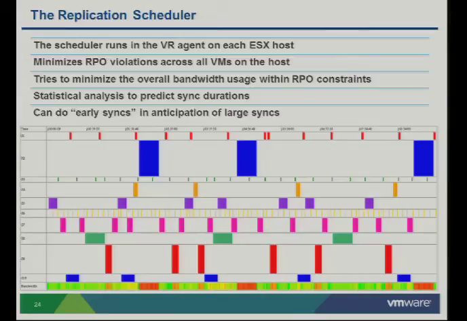Yes, there's a question here. Can you limit the bandwidth that vSphere Replication uses over the WAN? Not with vSphere Replication itself. You can do some things in terms of QoS. You can do some vSwitch level QoS implementations, but you really have to do that at the target side.